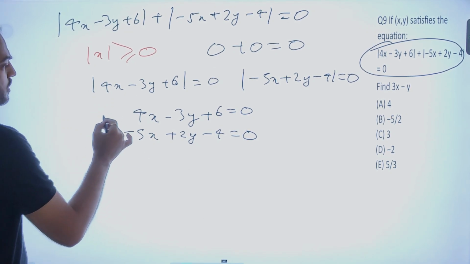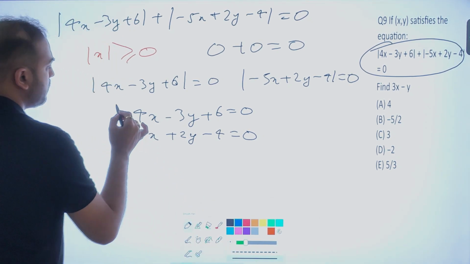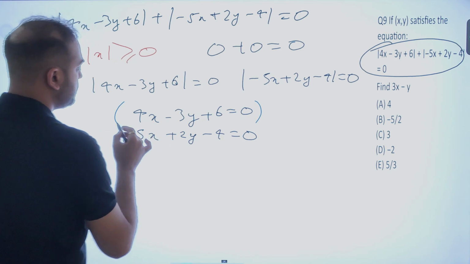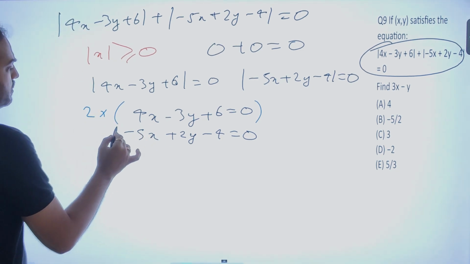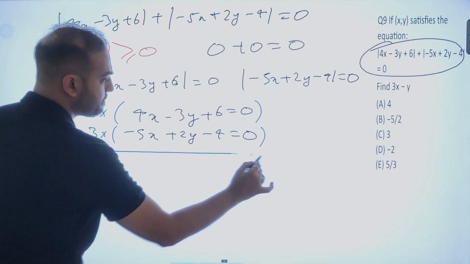Let's eliminate y. I multiply the first equation by 2 and the second by 3, and add them.